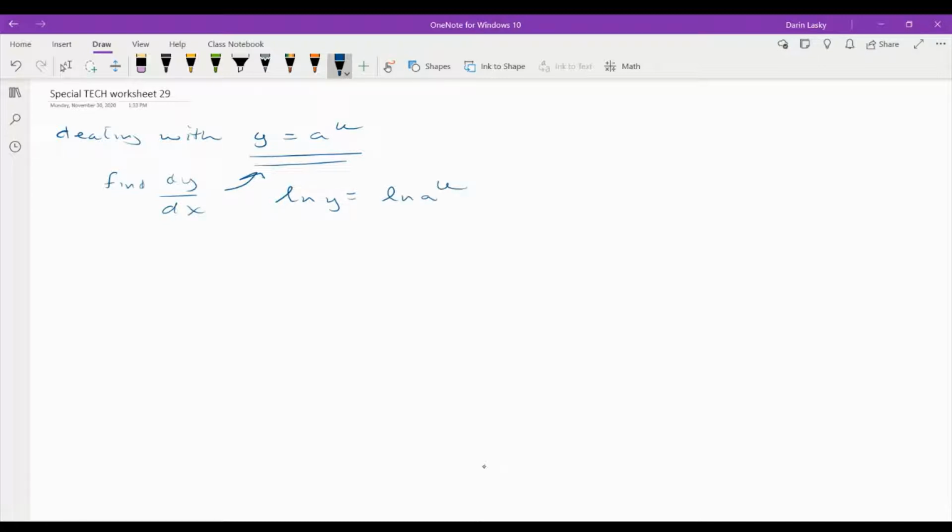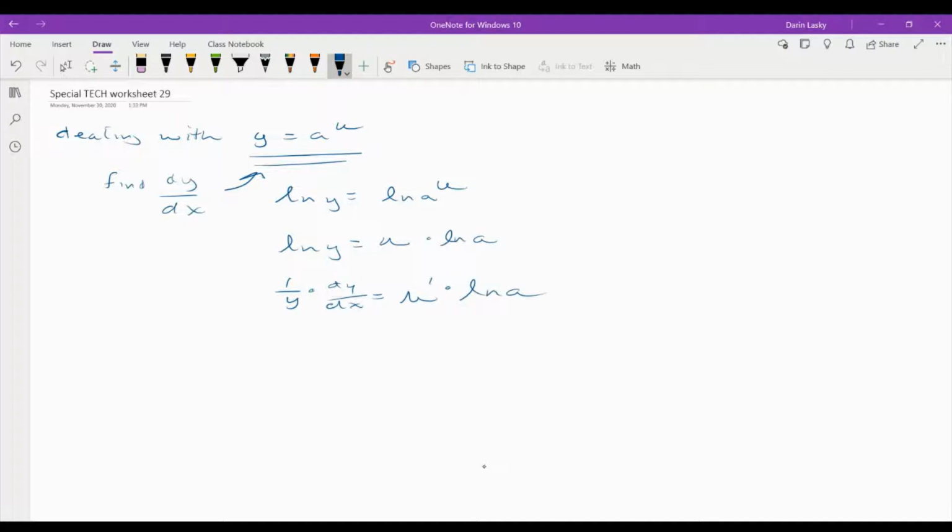Now, if I use my natural logarithm rules, I get the natural log of y equals u times the natural log of a, which is a constant right there. So from here, if I took the derivative of this piece, I would get 1 over y for the natural log of y times dy dx equals u prime, because I take the derivative of u, times the natural log of a.